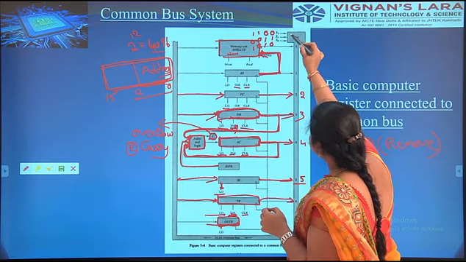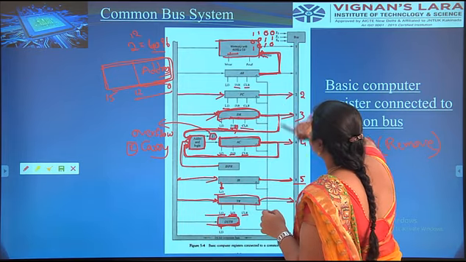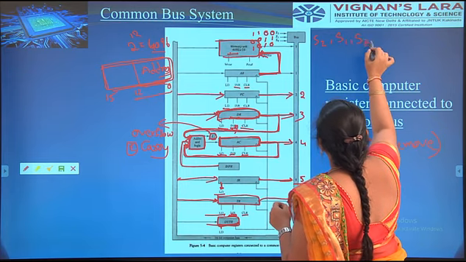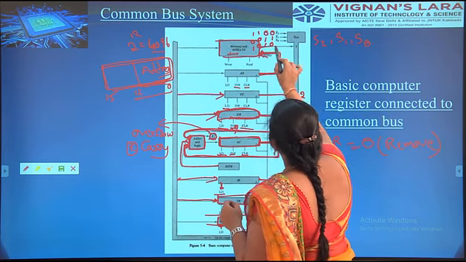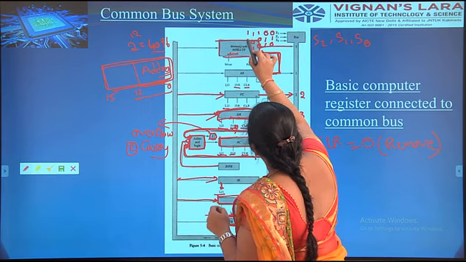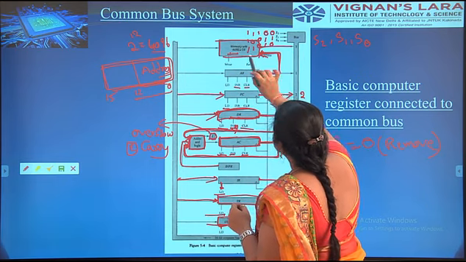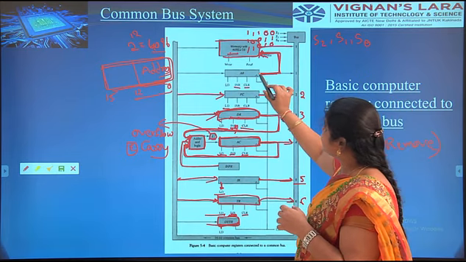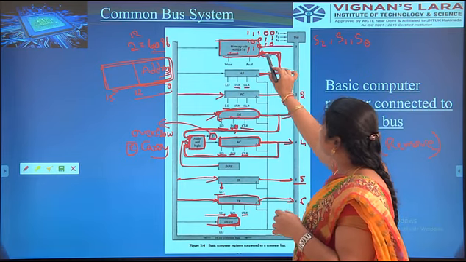Here this is a bus. It contains the 3 select lines S2, S1 and S0. Here 7 means, for example, you take the input as 111, which is 7. The memory unit is enabled and the information is transferred from the address register to the memory unit.